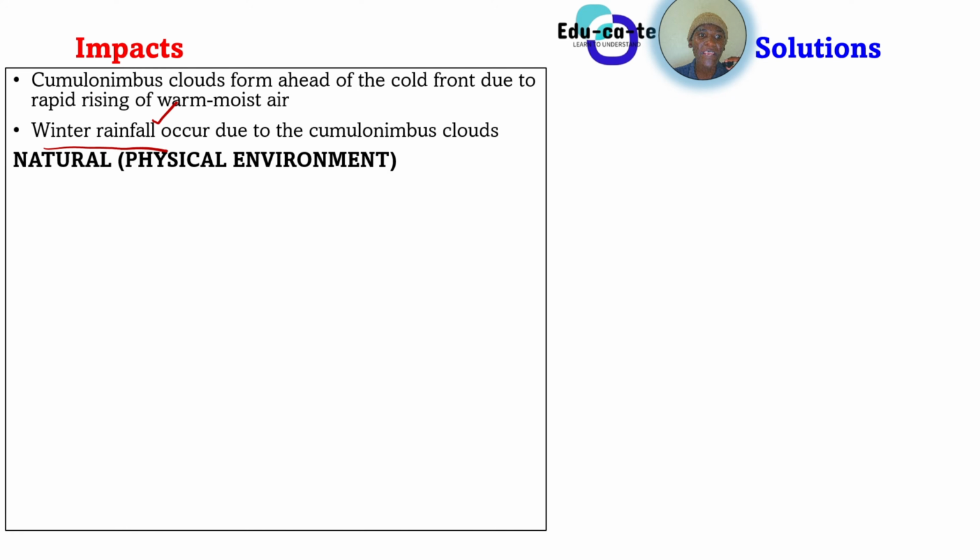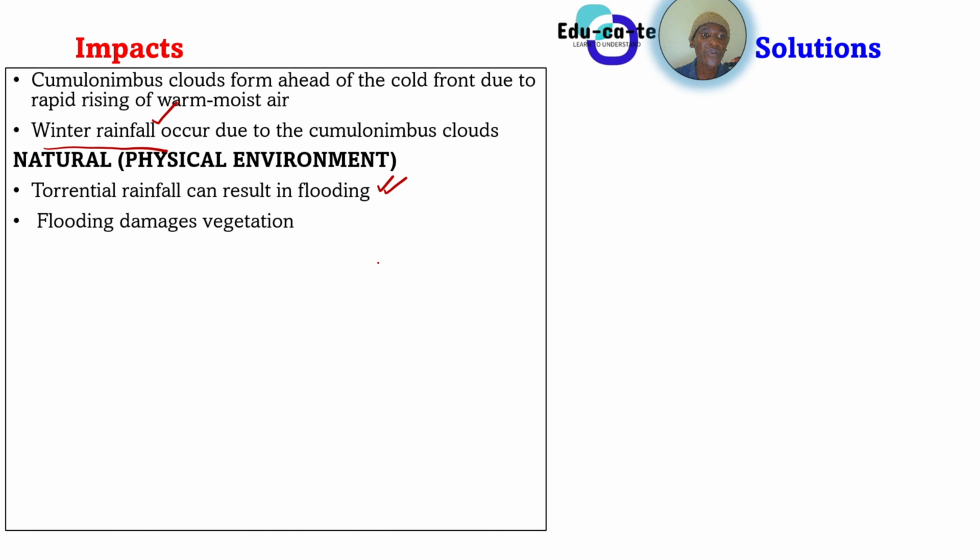Now they can impact the natural or the physical environment. When we talk about the natural or physical environment, we are talking about the soil and the habitats of natural species. Basically, it's all about the environment, not us as humans. Torrential rainfall can cause flooding, and when we have flooding, it can damage vegetation.